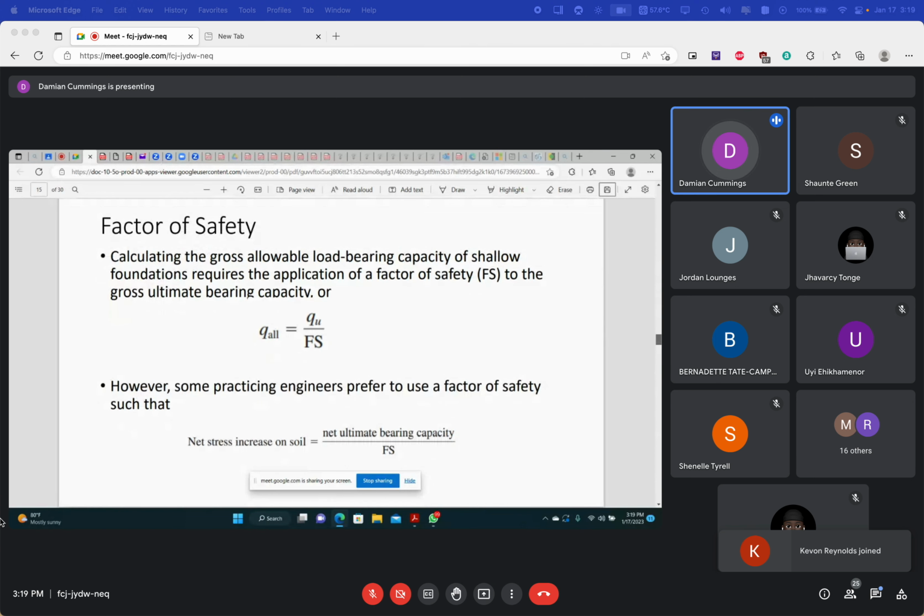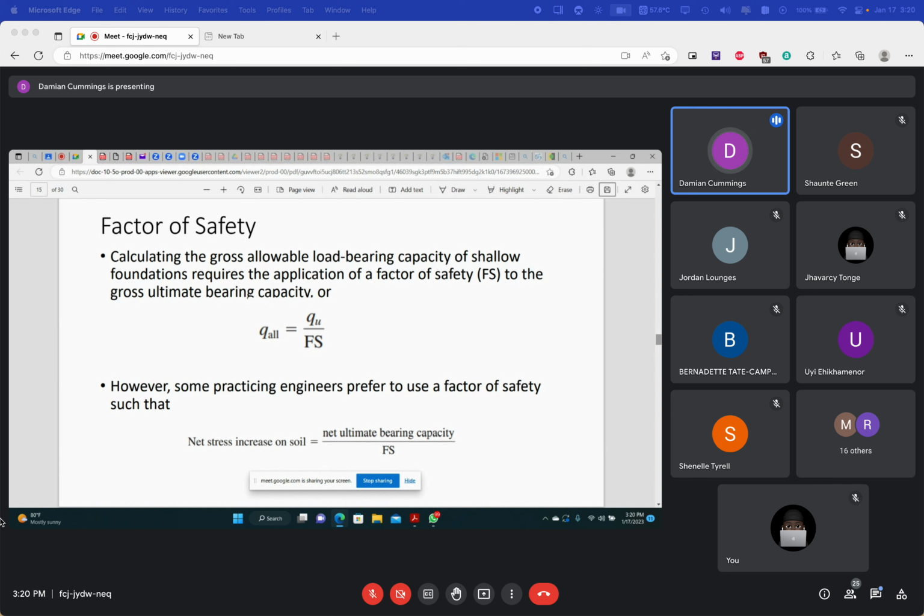All right, factor of safety. Calculating the gross allowable load bearing capacity of a shallow foundation requires the application of a factor of safety to the gross ultimate bearing capacity. Our q_all is equal to q_u divided by FS, right?